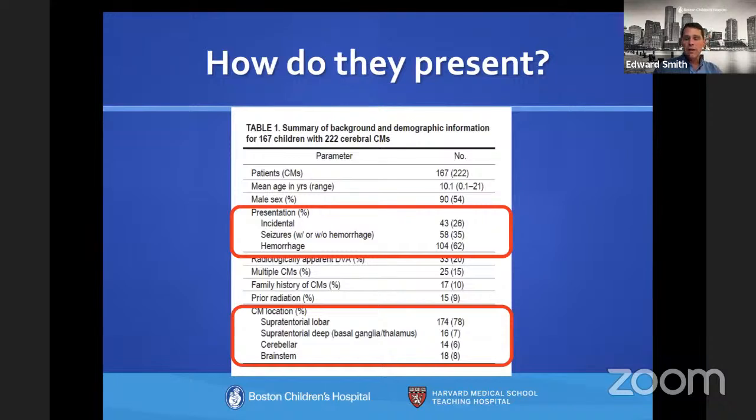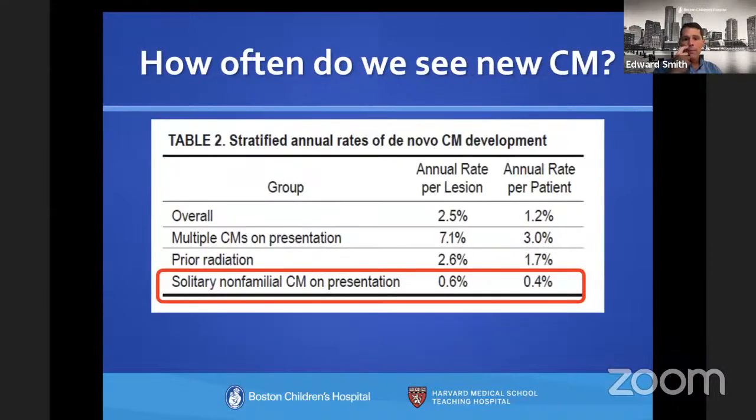The vast majority of them sort of mirror their location based on the volume of the brain. So again, about 3/4 are supratentorial, and the remainder are mixed between the deep basal ganglia, the cerebellum, and the brainstem. So no real surprise in terms of location. We get new ones essentially that show up roughly about 0.6% per year, and that's per lesion, and about 0.4% per patient.